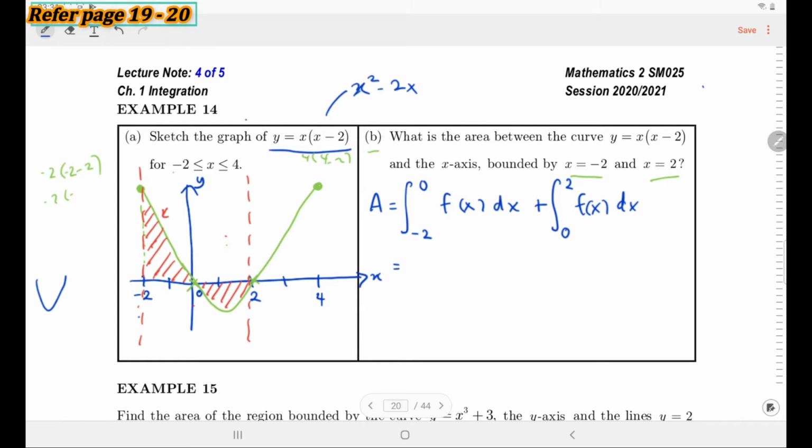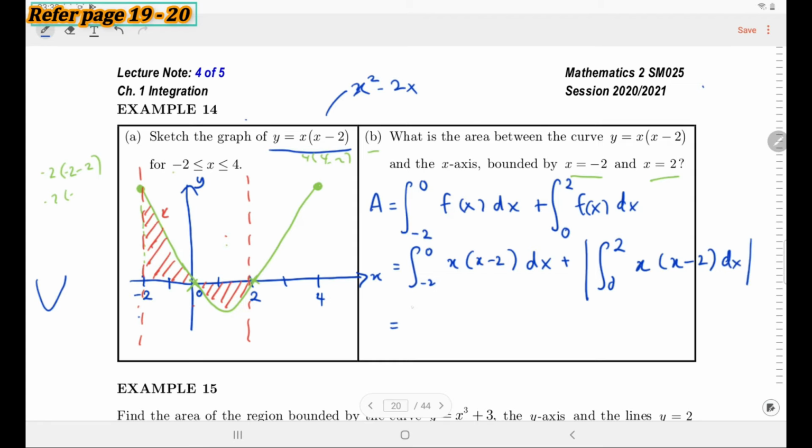So now we put the function for negative 2 to 0, the function is x minus 2 dx, plus, we put modulus here, as I said it will be negative because it is below the x-axis, so the function is x minus 2 dx.